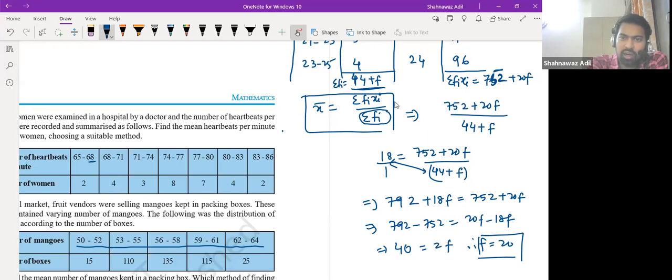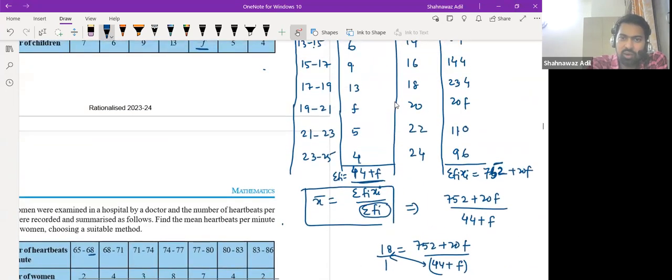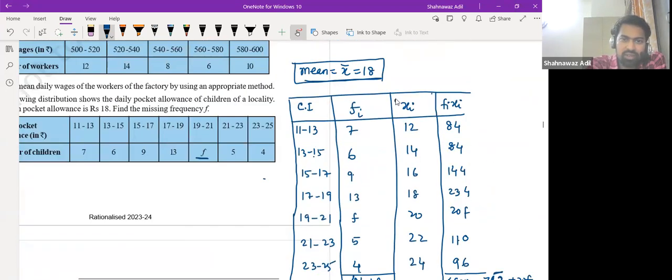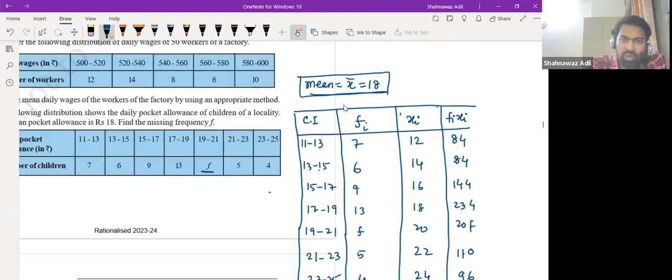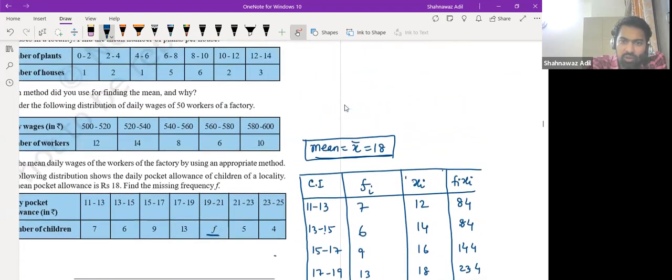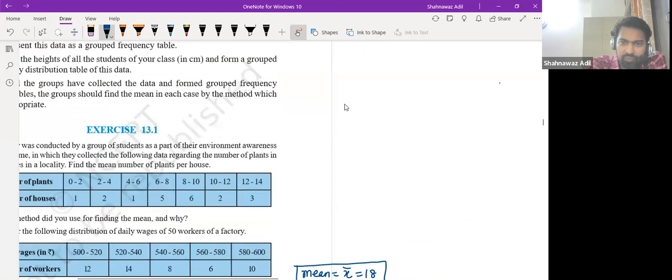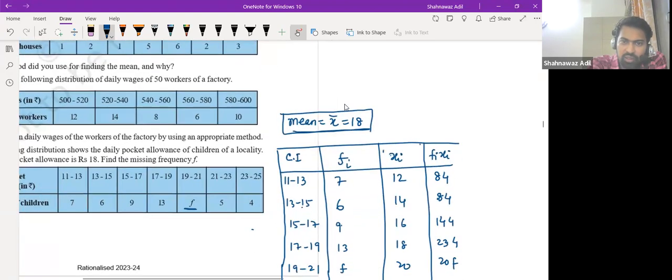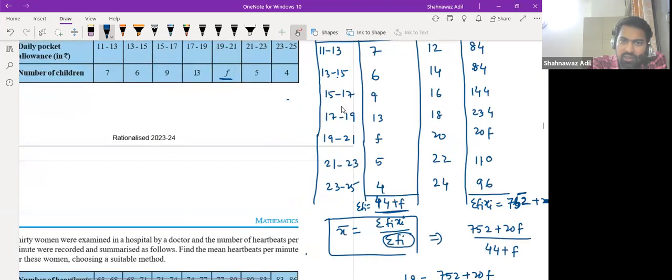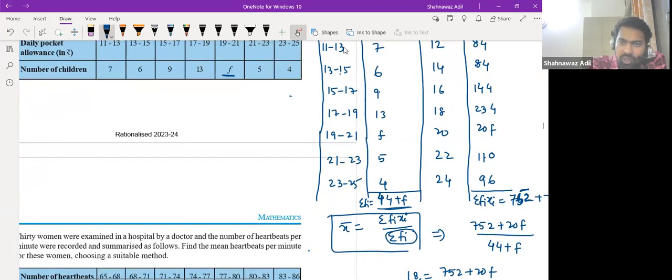So now you see that whatever class intervals we did up until now, there is this lower limit and upper limit. In the succeeding class interval, this upper limit becomes the lower limit.